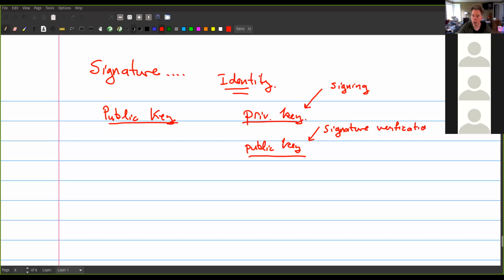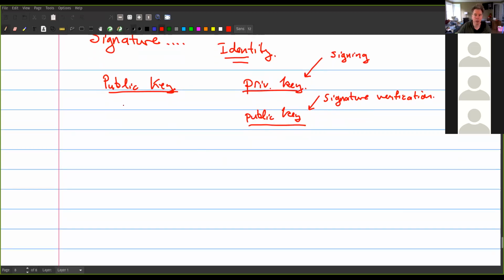So you can do a really simple example of this just with RSA. It's almost the same as just the RSA encryption. Remember with the RSA cipher, you have a public key, which is, I think we were using lowercase n and e, and n is equal to p times q. This is the public key.